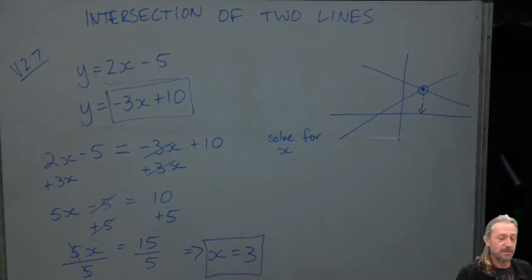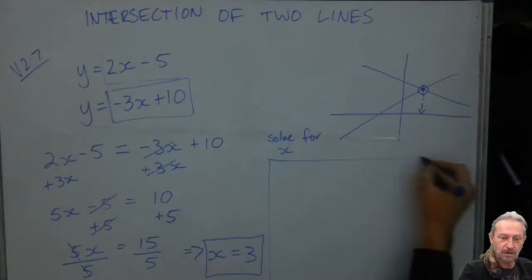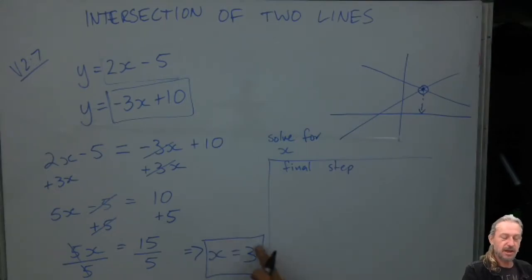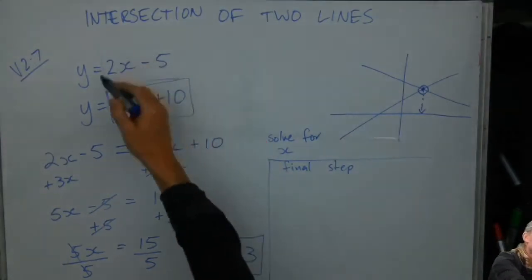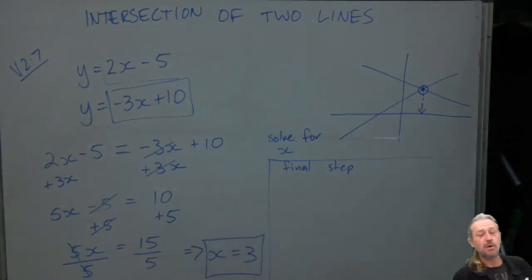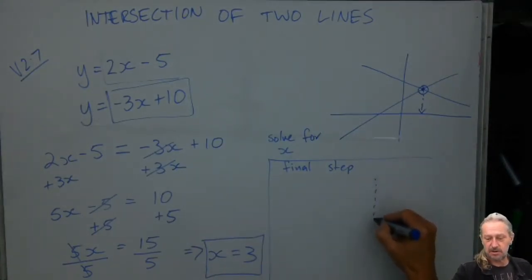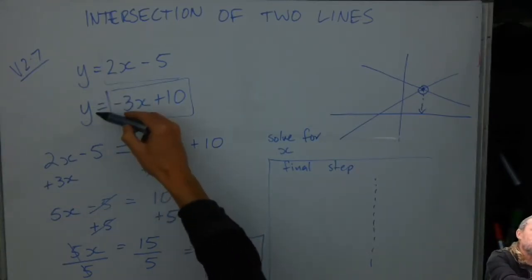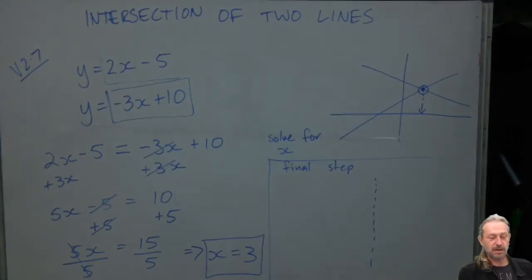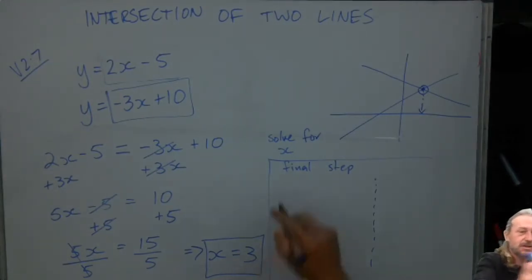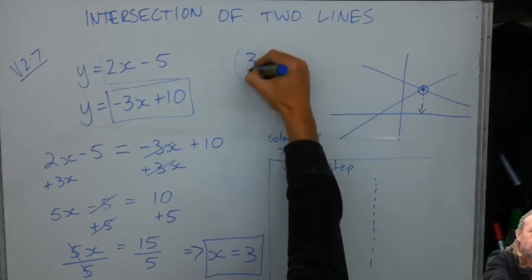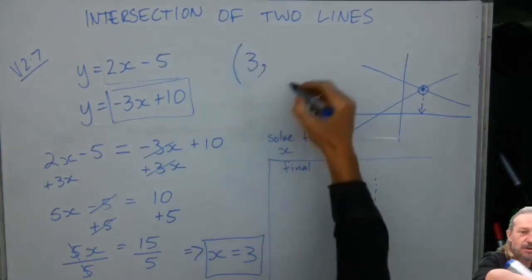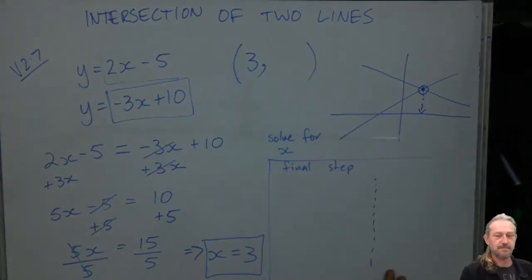So the final step is to then substitute x equals 3 into one of these equations, and it doesn't matter which one. In fact, if I put a dotted line, we'll do both of them just to show that they both give y equals the same thing. And then that will tell us that the coordinate where they cross is 3, whatever we work out here.